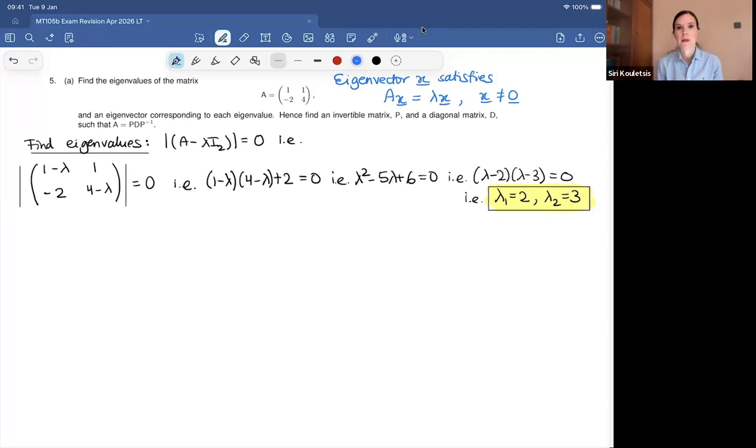In other words, an eigenvector x is a non-zero vector that is simply stretched by the matrix A by a factor of lambda. And now we want to find an eigenvector corresponding to each eigenvalue.